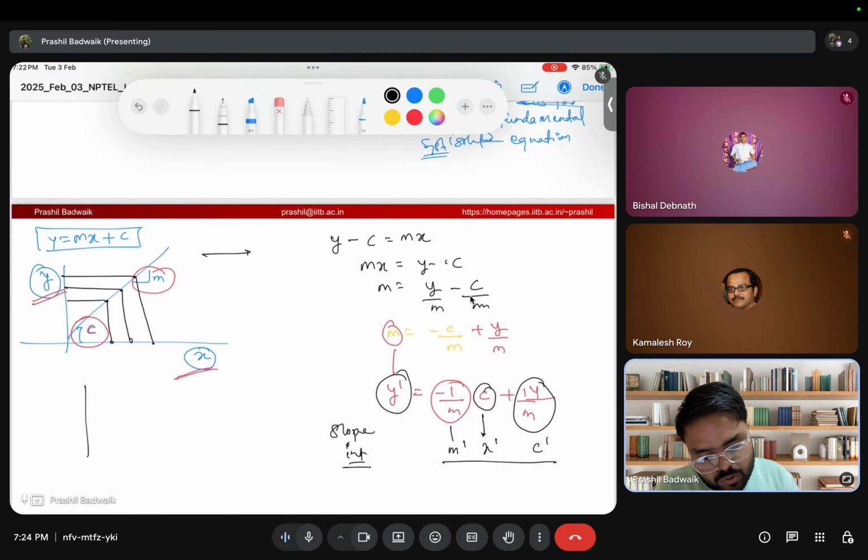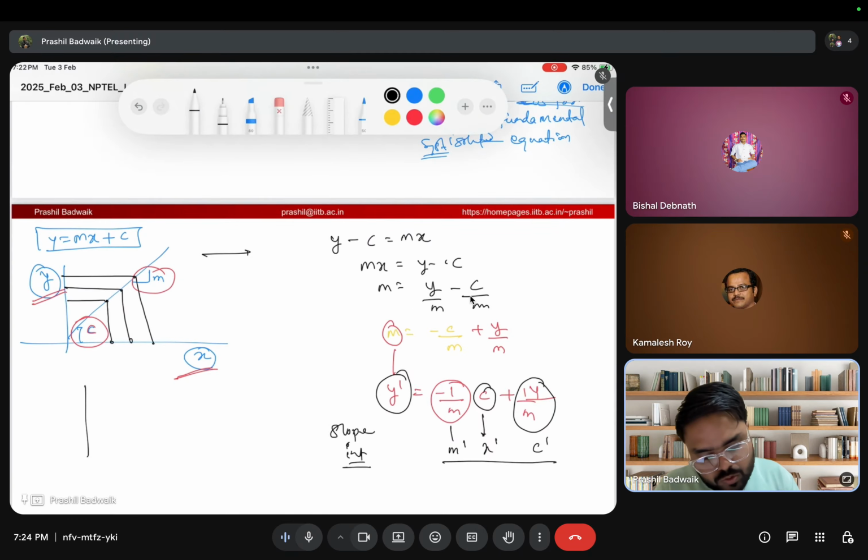Correct? And as I said, this is my y dash, this is my x dash, and whenever I represent it in transformed variables, what is my slope?